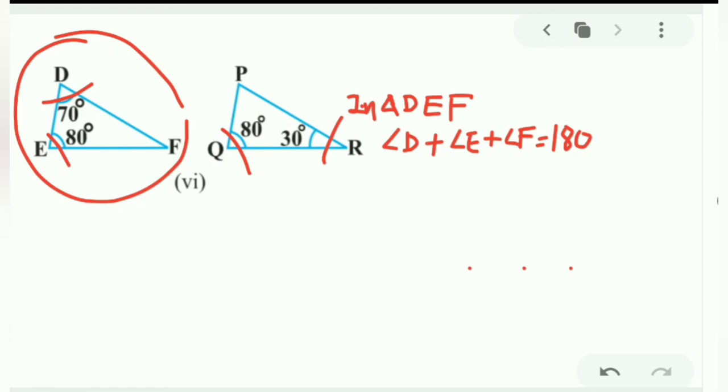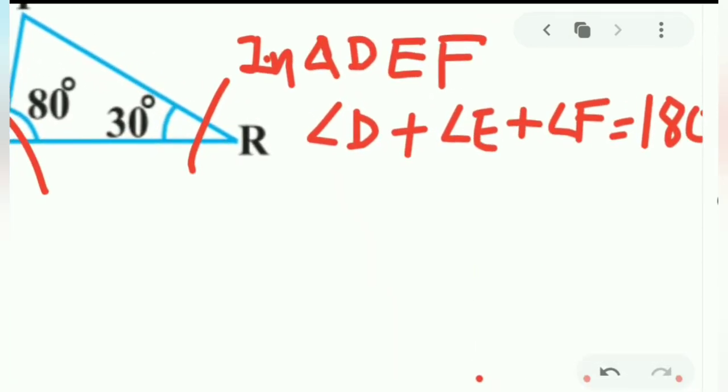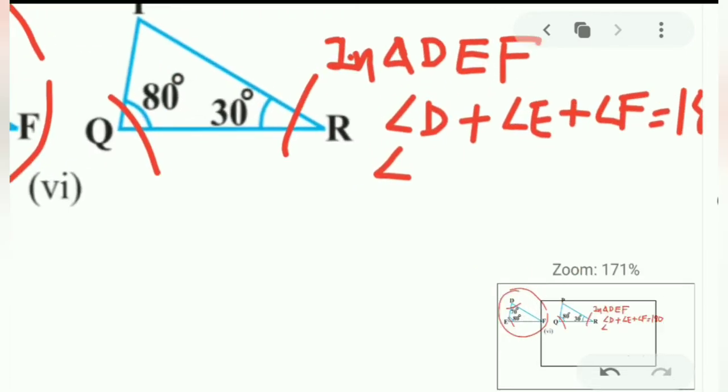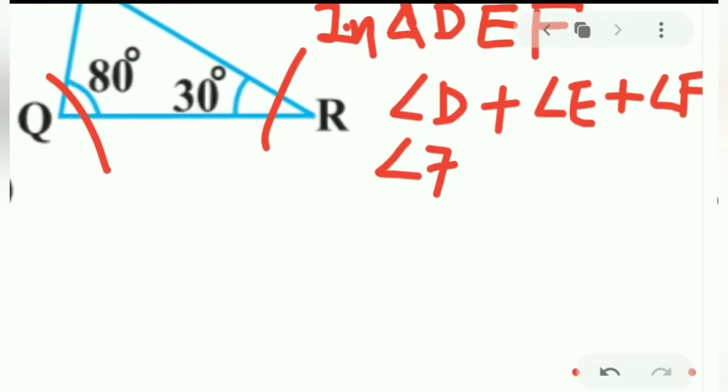So we will find angle F. We substitute the values: angle D is 70, so we write 70 plus 80.